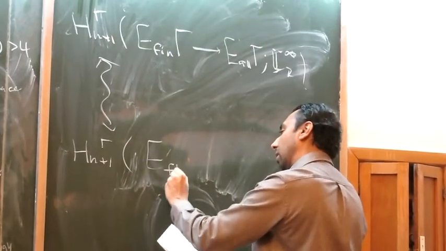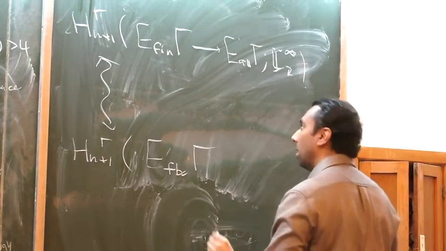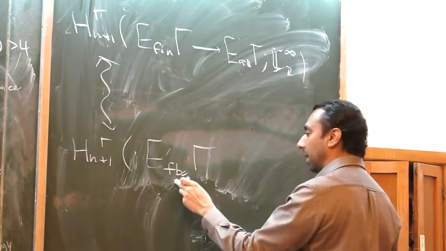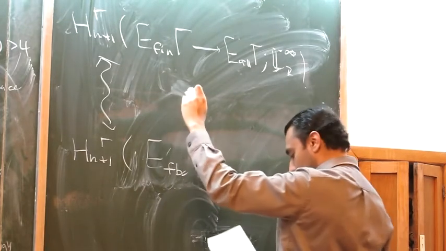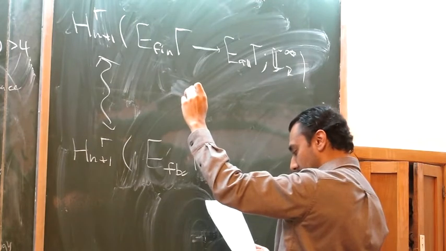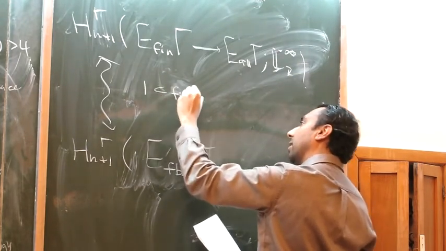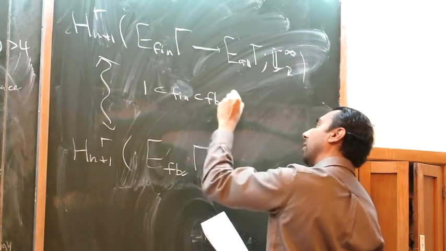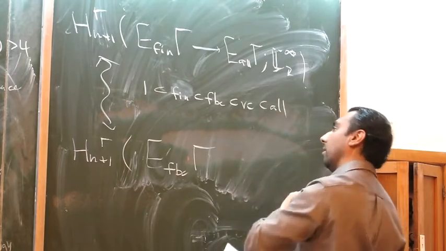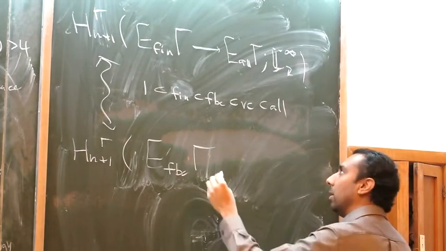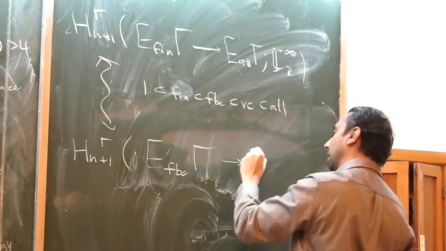So the ones I was talking about before, finite bicyclic, remember that we had trivial family contained in finite, contained in finite bicyclic, contained in virtually cyclic, contained in all. So now I make the family bigger here, and then here I make this family smaller.